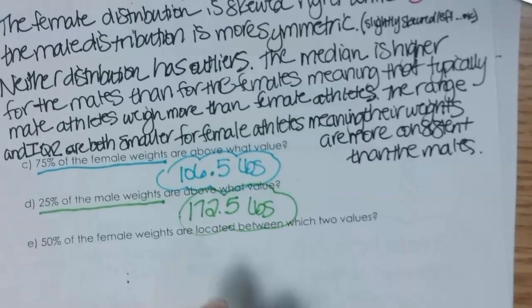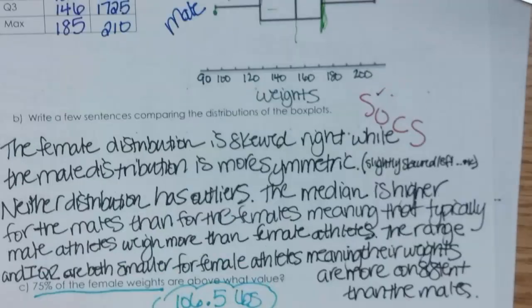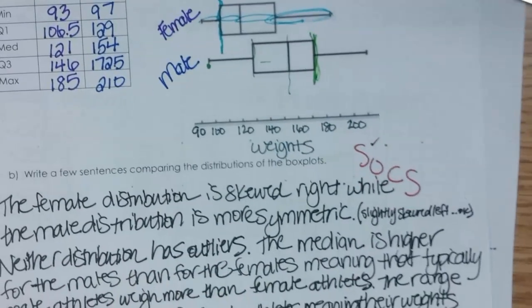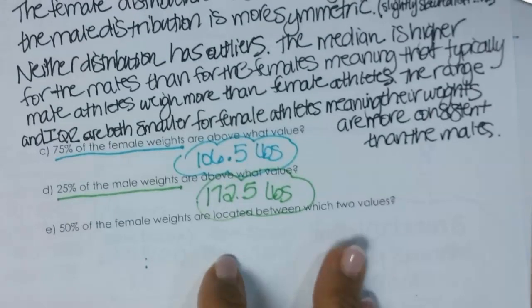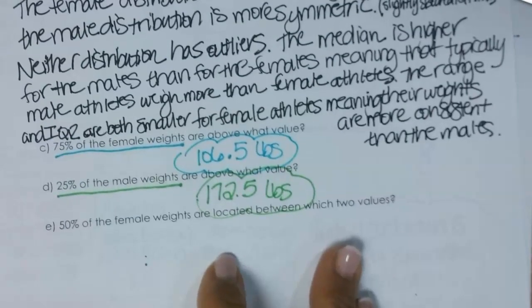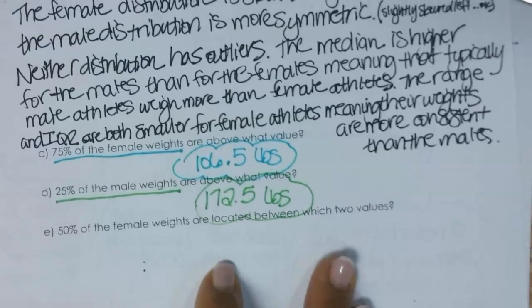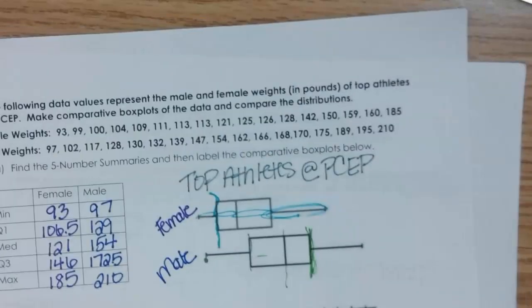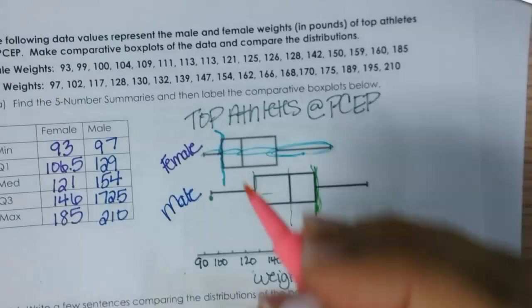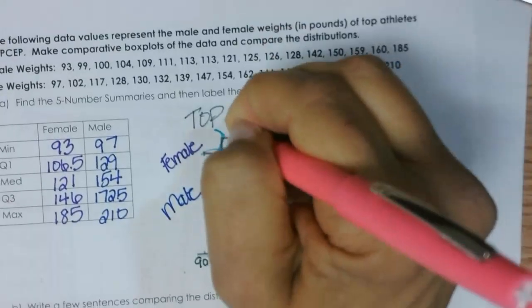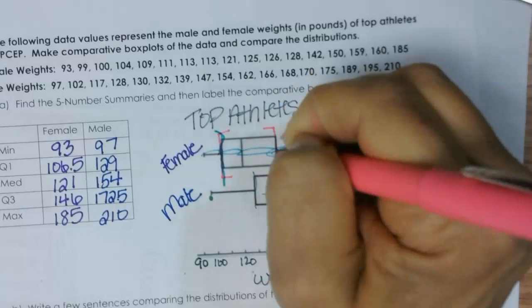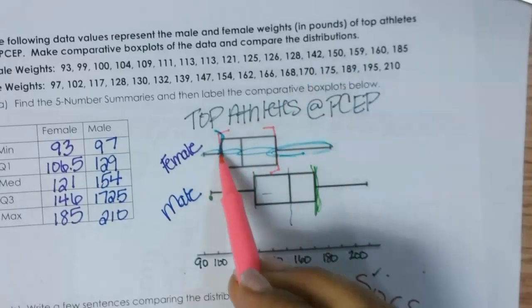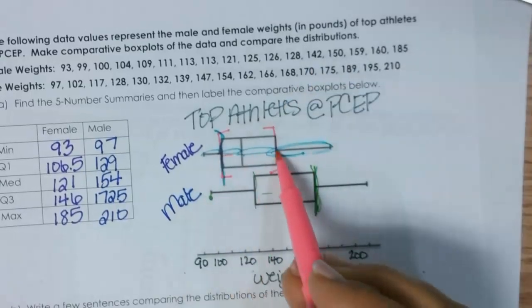The last question says 50% of the female weights are located between which two values? So we just need to have two boundaries that give us 50%. Well, each of these is 25%, isn't it? And so my favorite one to use is the IQR, because this would have 25% and another 25%.